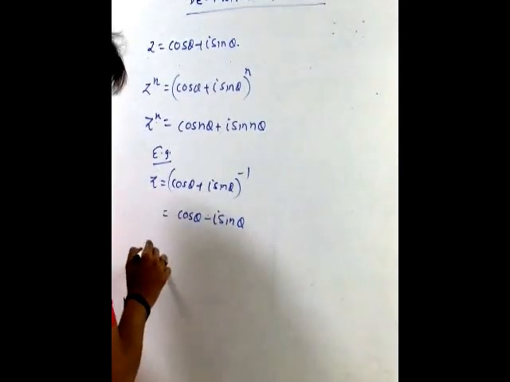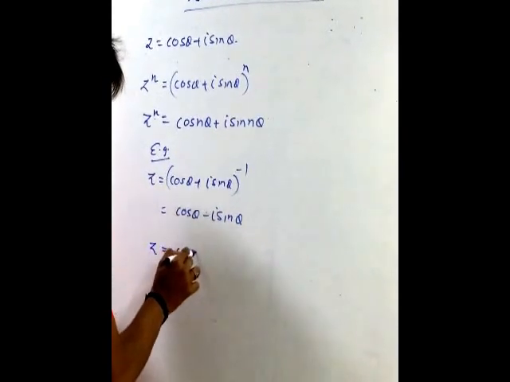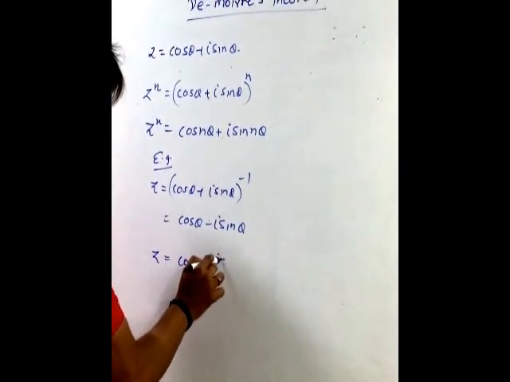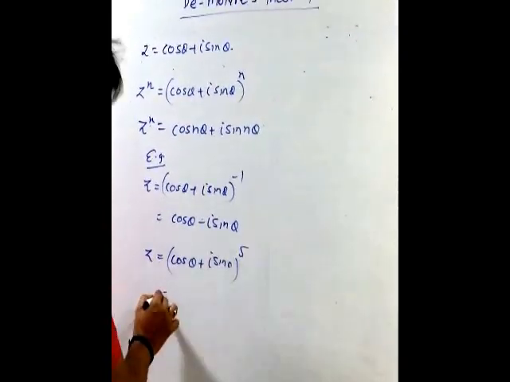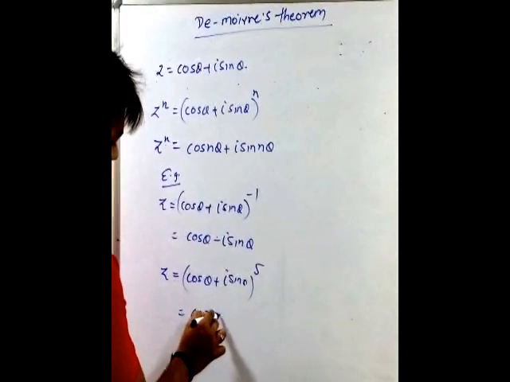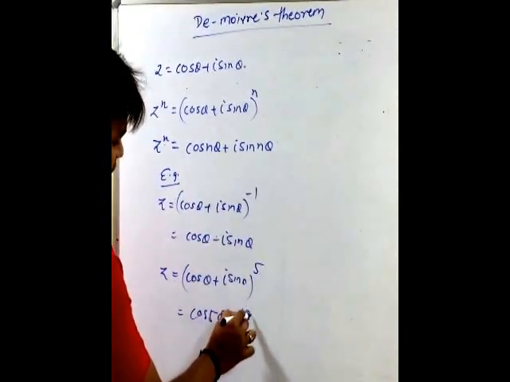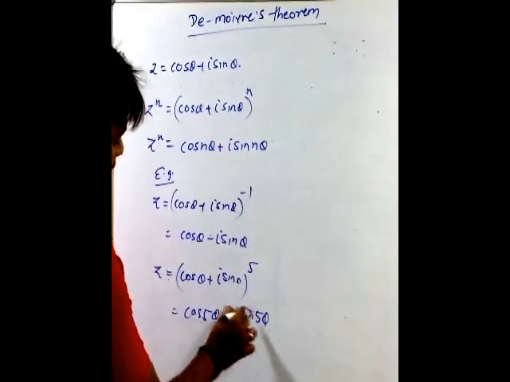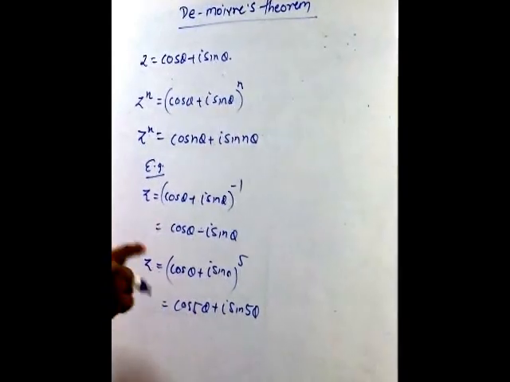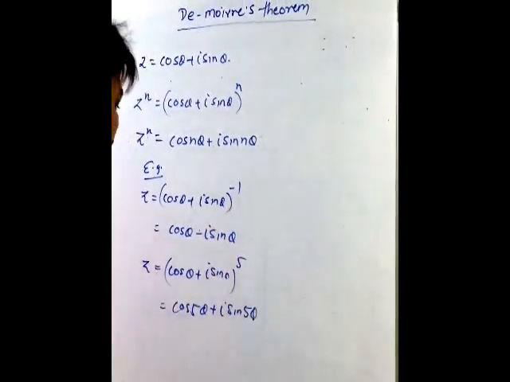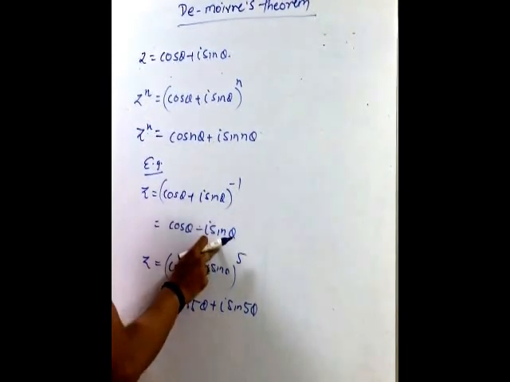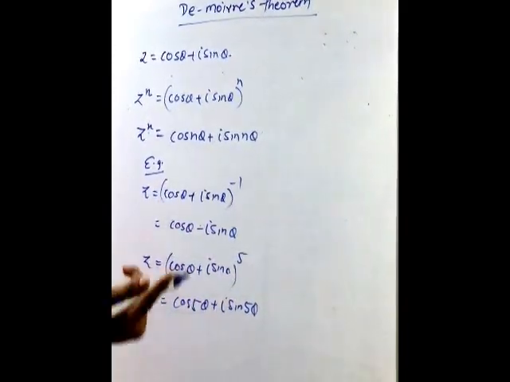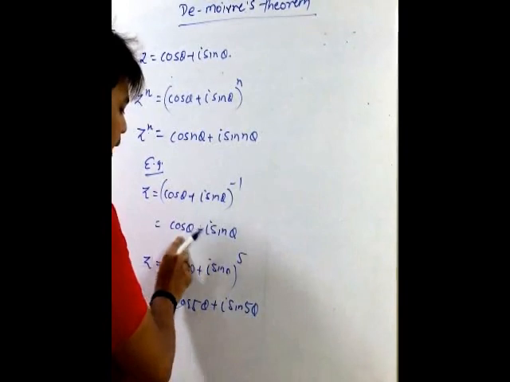Suppose we have to find cos theta plus i sin theta raised to 5. So it will be cos 5 theta plus i sin 5 theta. Last time in Euler's form we used this formula cos theta minus i sin theta. From De Moivre's theorem you can get it easily.